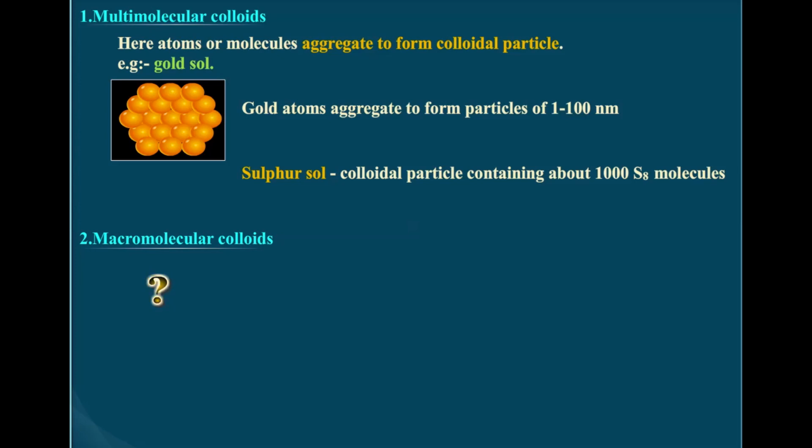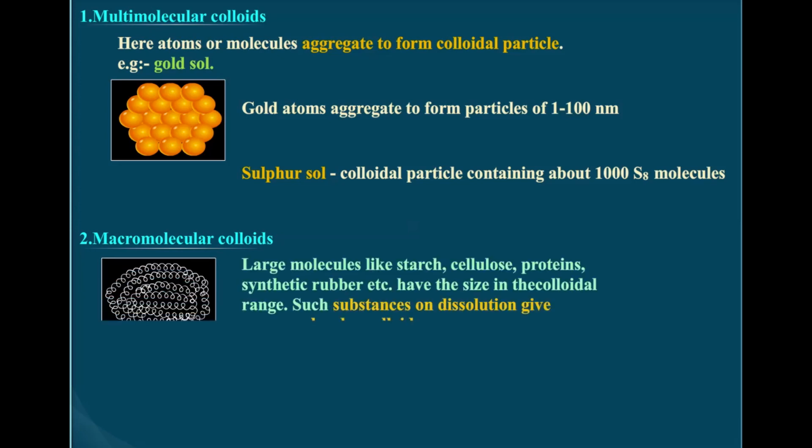Examples of naturally occurring macromolecules are starch, cellulose, proteins, and enzymes. And those of man-made macromolecules are polythene, nylon, polystyrene, synthetic rubber, etc. So macromolecules are large molecules like starch, cellulose, proteins, synthetic rubber, etc. which have the size in the colloidal range. Such substances on dissolution give macromolecular colloids.